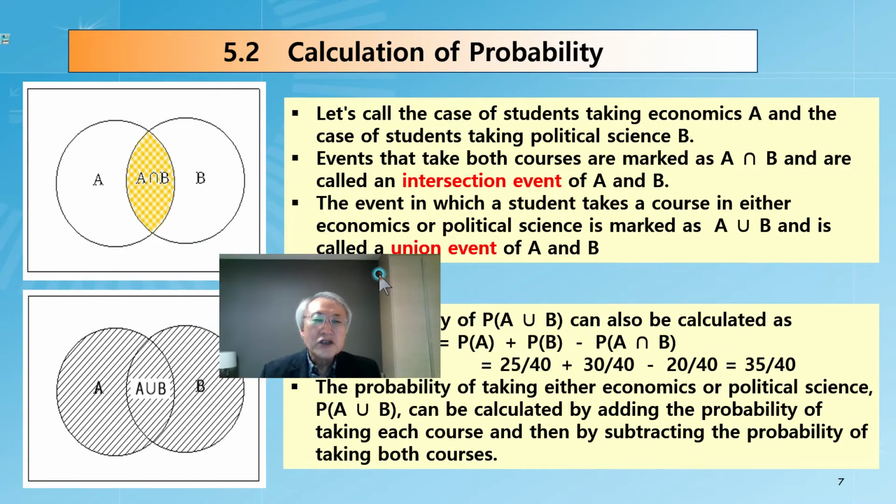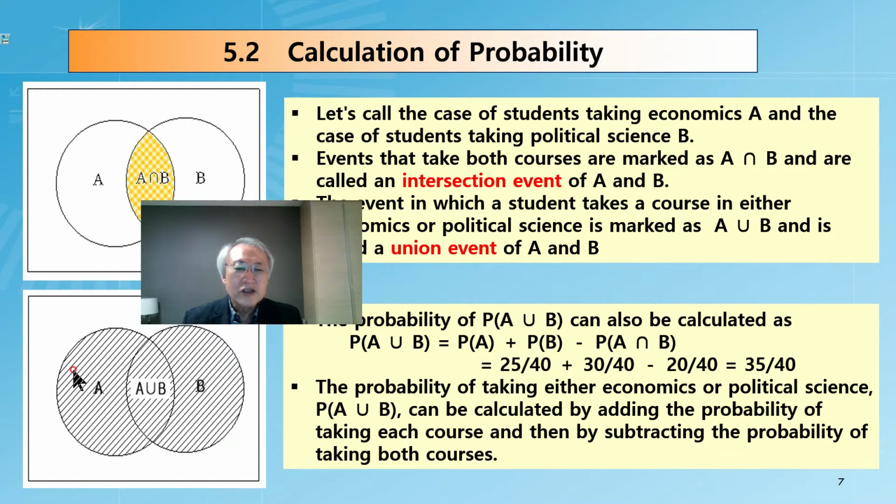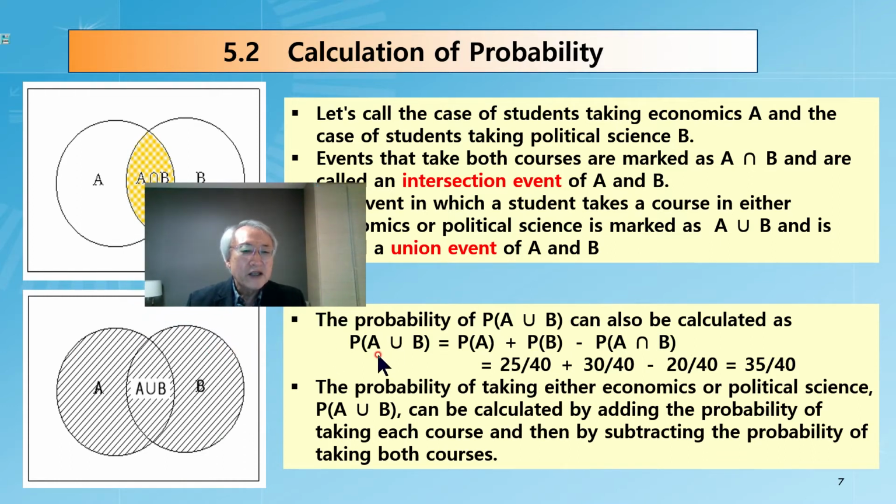Well, we call this an intersection event and this a union event. The union event can be calculated in this manner. A union B is the addition of P(A), this area, plus P(B). Therefore, the intersection event is included twice. Therefore, you have to subtract that. This calculation shows the same result, 35 out of 40.